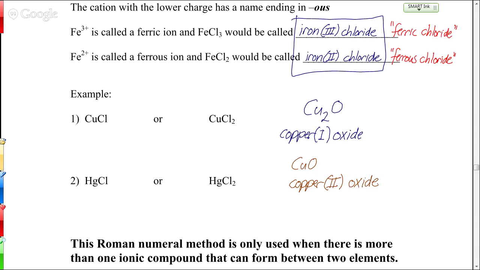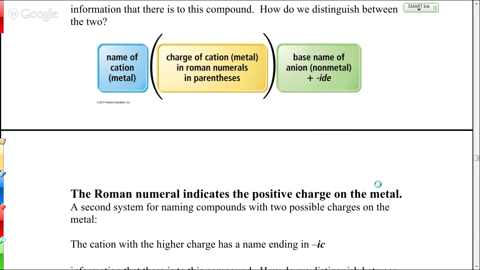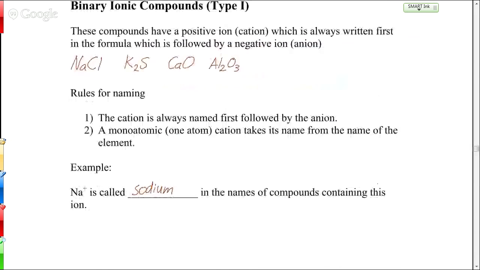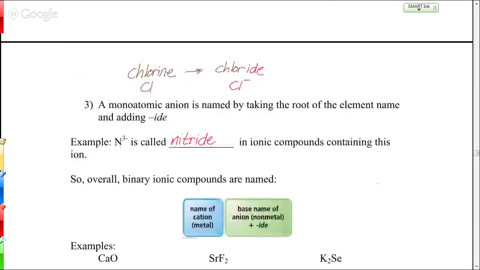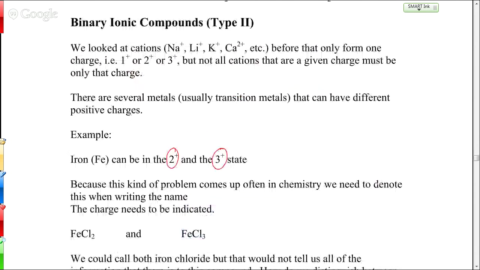Okay, the other question about this type is determining whether something is a type 1, the ones we talked about before, or a type 2. So remind me again, what's the difference between these types? Whether or not you need the parentheses. How do you know if you need those parentheses or not?